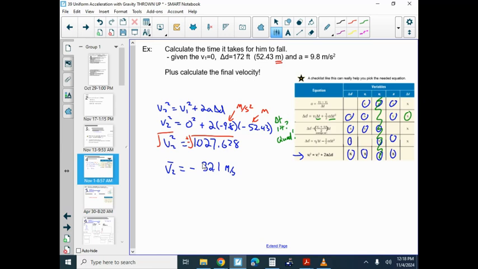Therefore the final velocity is 32.1 meters per second down. So that just allows us to get the final velocity.